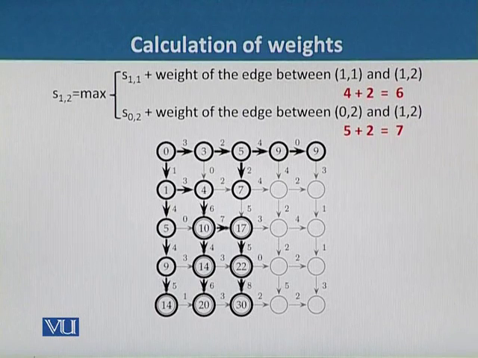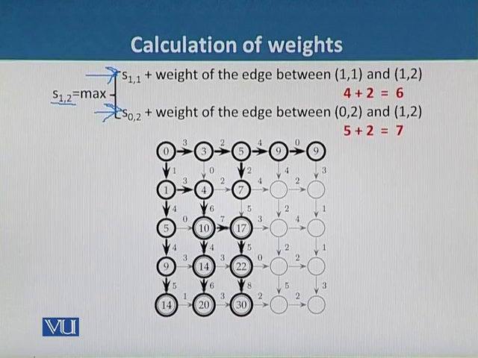So if we want to calculate the weight of, for example, S12, then we have to consider the maximum value of either this one or this one. So the one which has the higher value will be considered.